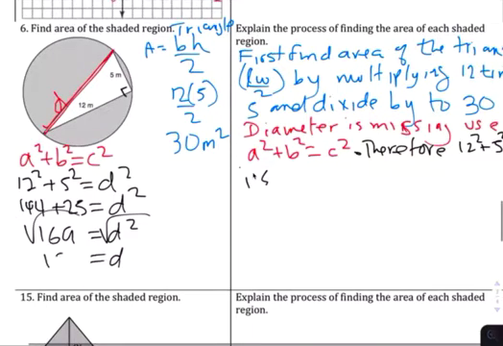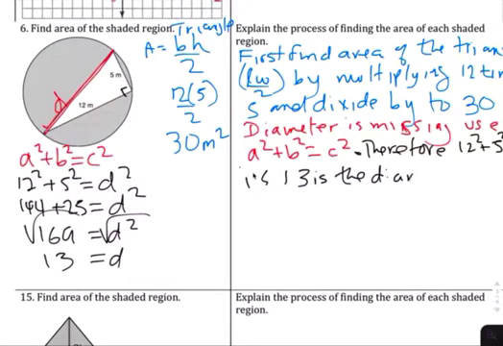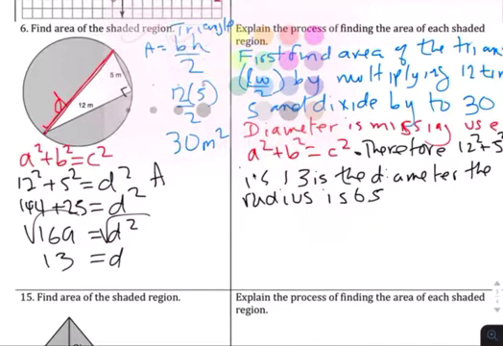Diameter is 13. Then radius is 6.5. So area of a circle is pi r squared, so area equals pi times 6.5 squared.